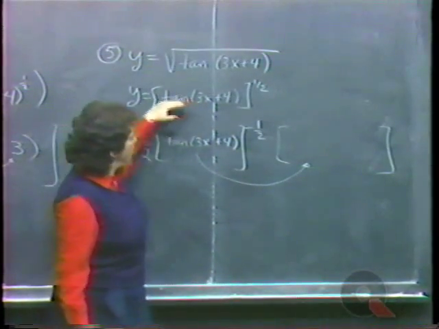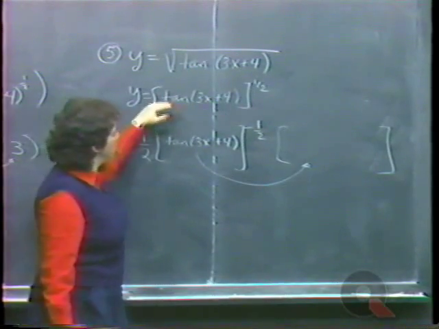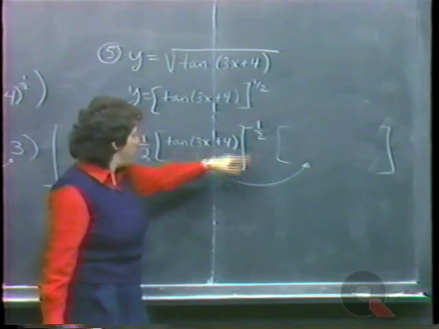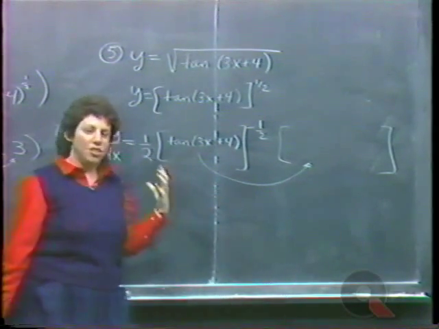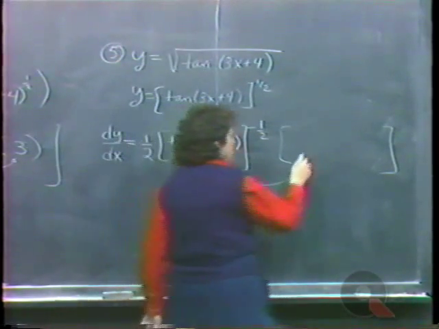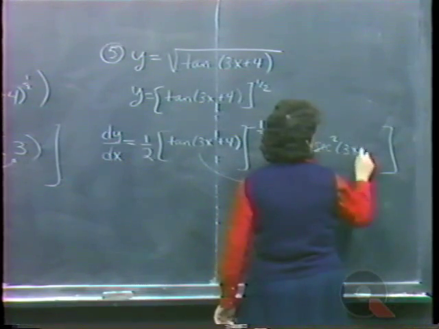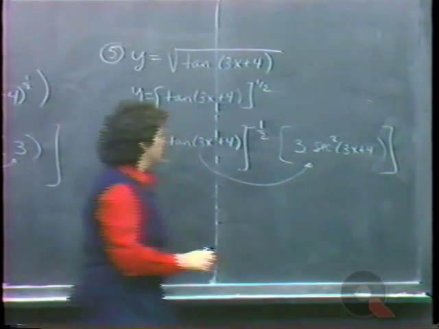The derivative of a function to a power, and that's what this is primarily. This is a power. Derivative of a function to a power is power times the function to the 1 less power times the derivative of the inside, but the inside is tangent of something. And how do you differentiate tangent of something? It's secant squared of the same something times the derivative of the something.